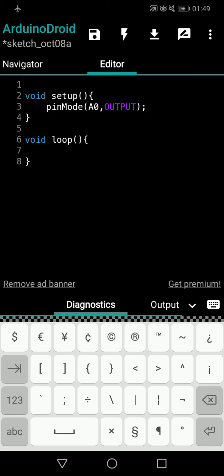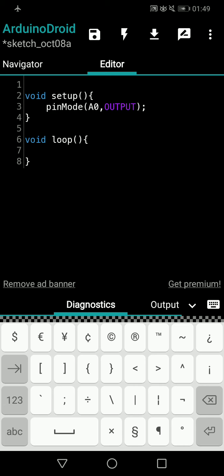In the void loop we do whatever is going to happen repetitively. What happens repetitively? The analog output giving, like LED blinking, something like that. So we are going to give an analog output on pin A0.